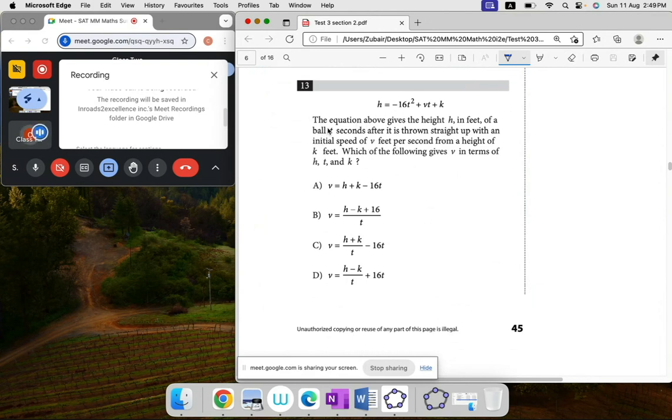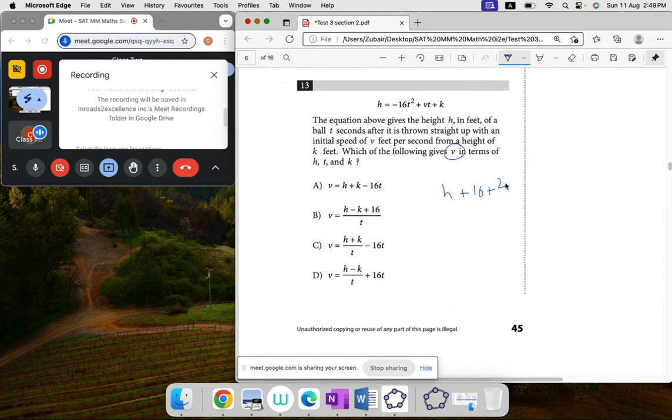Number 13. The equation above gives the height h in feet of the ball t seconds after it is thrown straight up with an initial speed of v feet per second from a height of k feet. Which of the following gives v in terms of h and k? Okay, we just have to make that the subject. So h equals k plus vt minus 16t square.